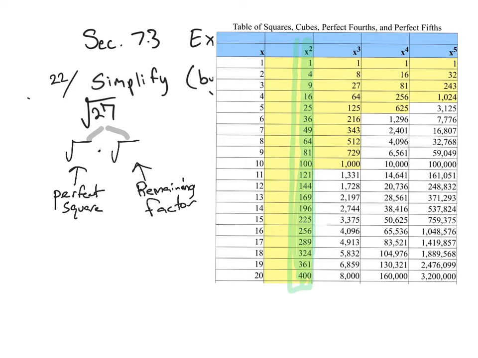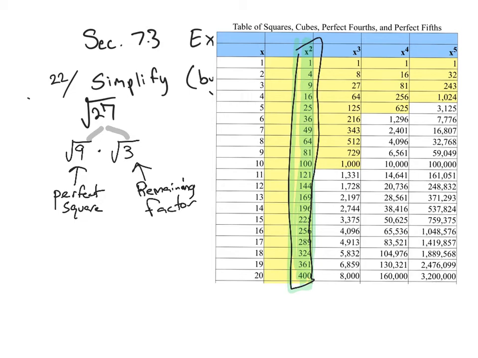So when I look at my list, I ask, what's the biggest number in this list that I could divide 27 by? Boom, 9. So 9 times what is 27? 9 times 3. So whatever is left over, the remaining factor, is right there. Any questions so far? Good.